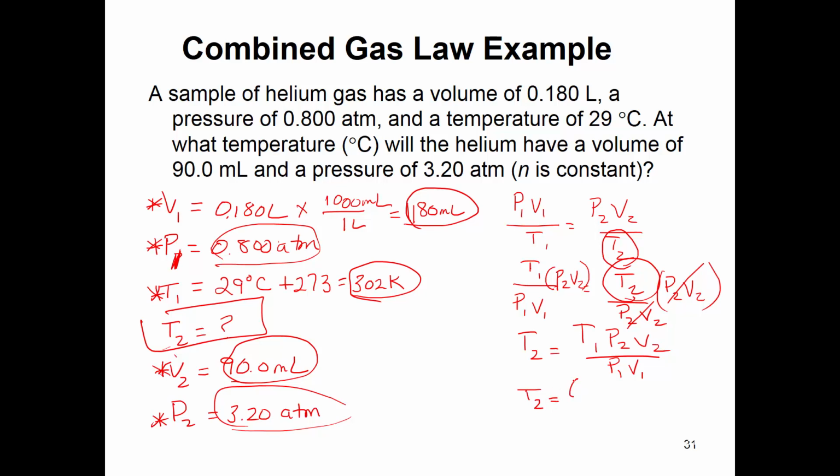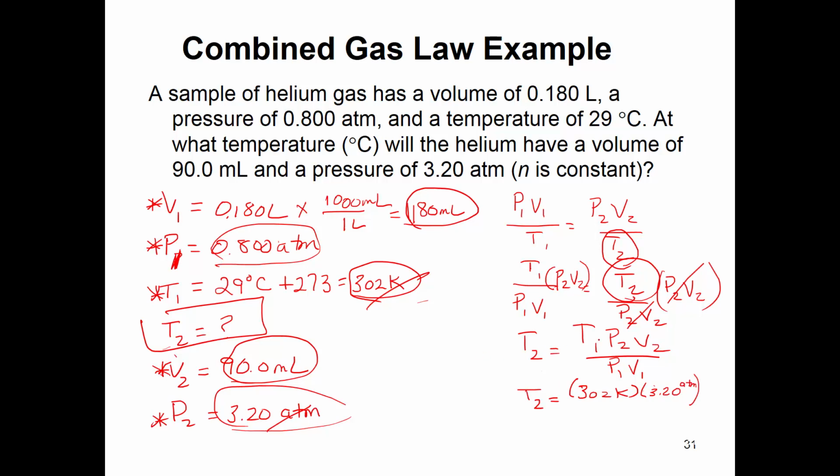All right, so now since I took the time at the beginning to get everything in the right units, now I can plug and play. I just go over and say, all right, I got 302 K for T1. For P2, I've got 3.20 atmospheres.